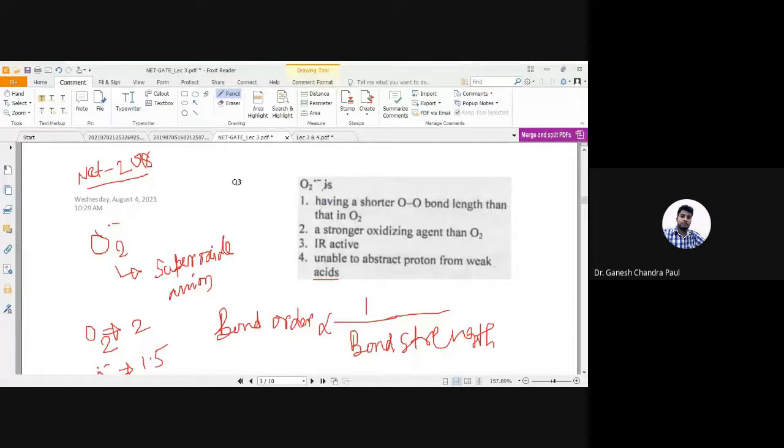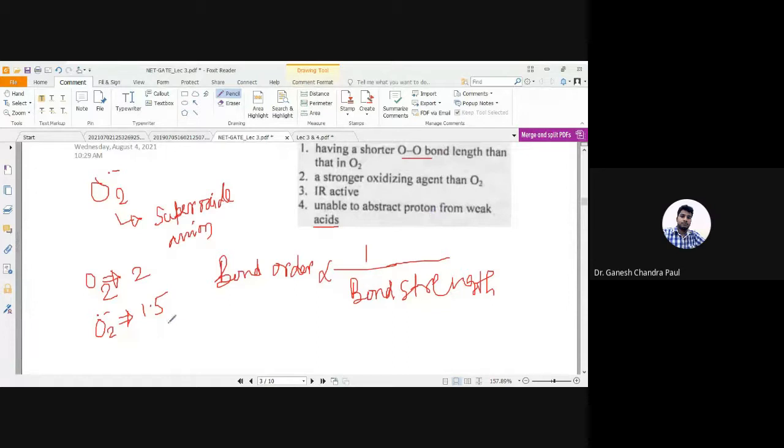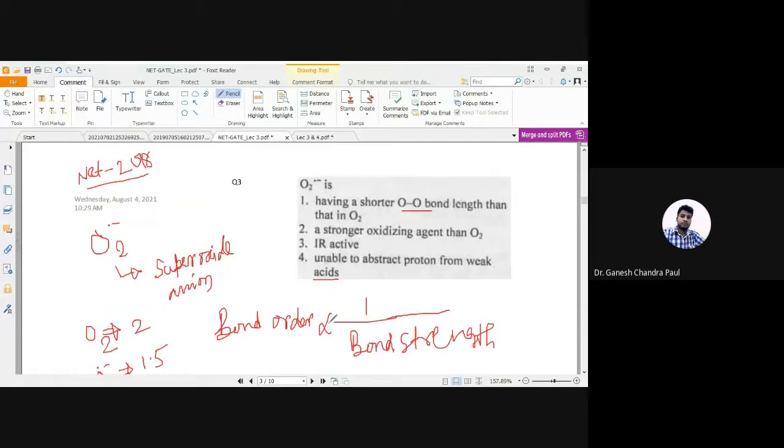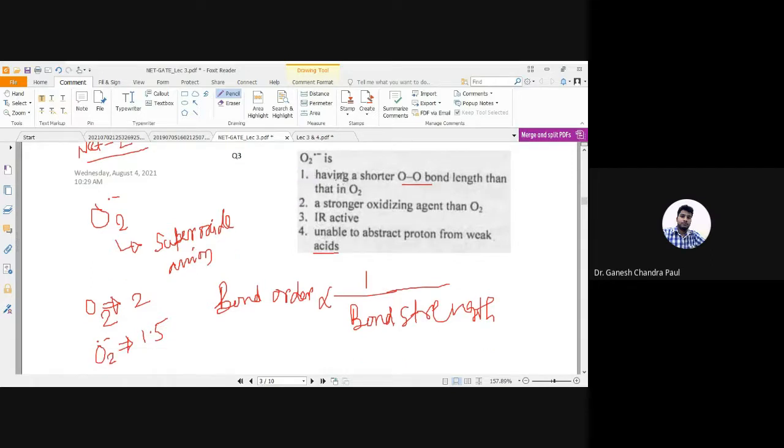So O2 dot minus, with bond order 1.5, is having a higher bond length than O2. So option 1 is not correct. Just cross it. It is not acceptable.